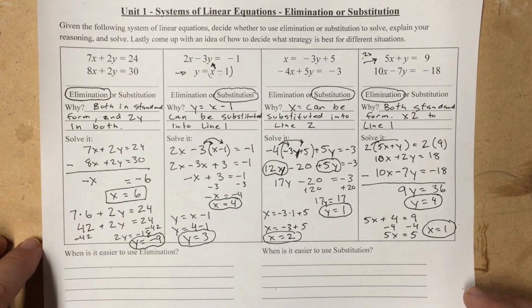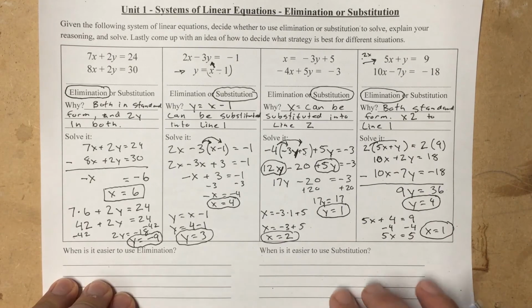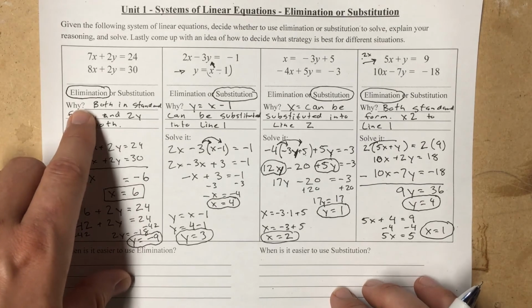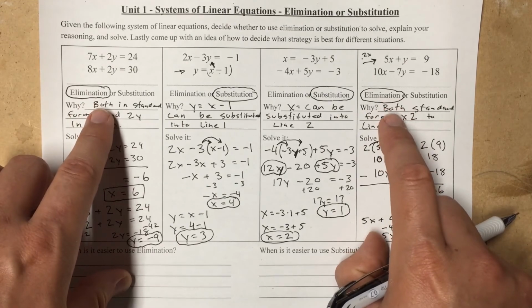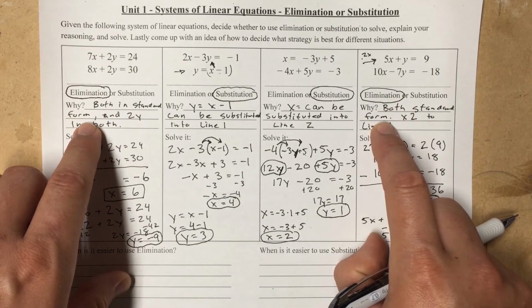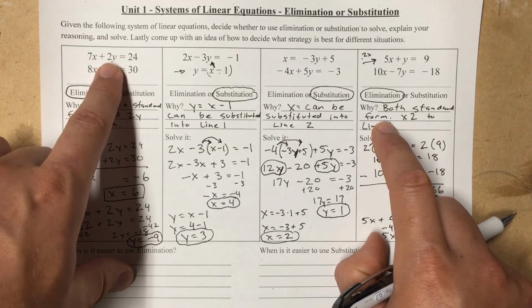I know this video has been long. When is it easier to use elimination? When is it easier to use substitution? So let's look at our elimination ones. For both elimination examples, both equations were in standard form, and in this case, we were able to eliminate the 2y right away.